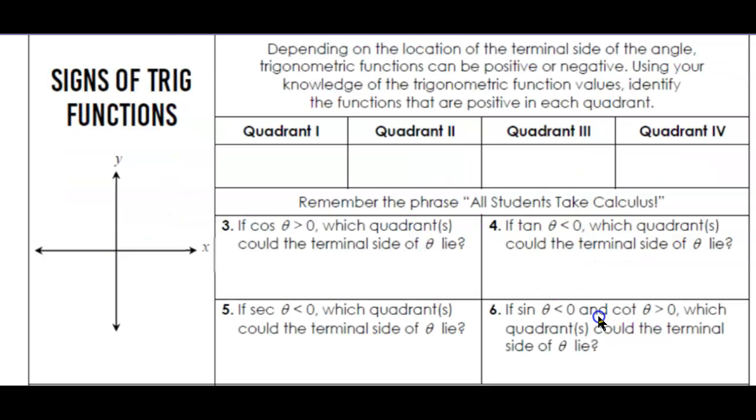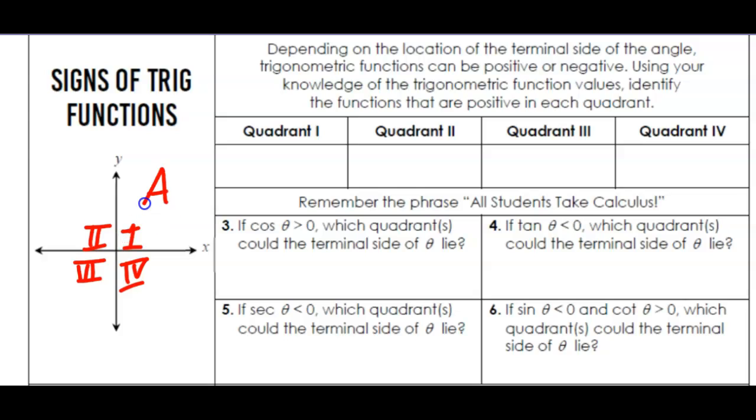All right, moving on. This is review. We did this on another lesson, but I want to go over it real quick again. We used a phrase to help remember the signs of the trig functions. We start in the first quadrant, and we go to the second, third, and fourth, and I don't care if you use Roman numerals or not.